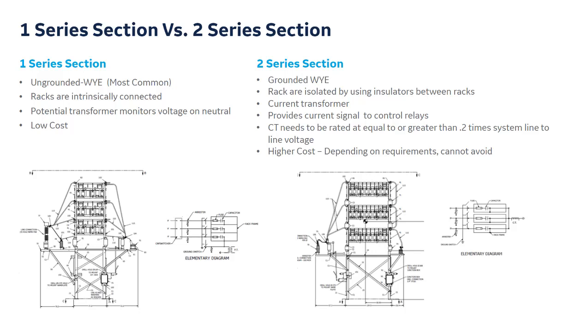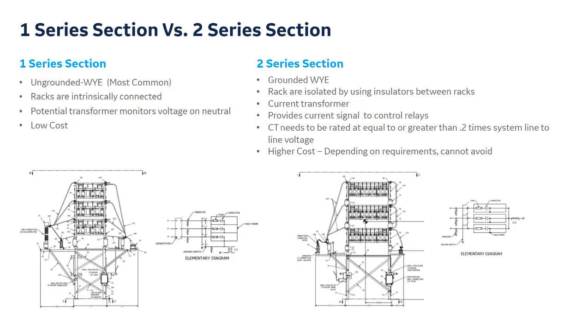So if it sees an increase of current at a certain point, it will trip an alarm. And if two capacitors go, depending on your set point, the second point will then trip the breaker and close. And that provides a current signal to the control relays.